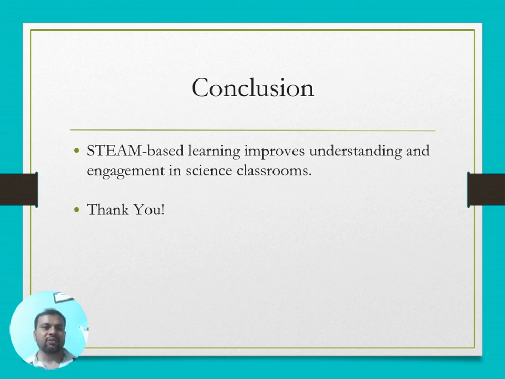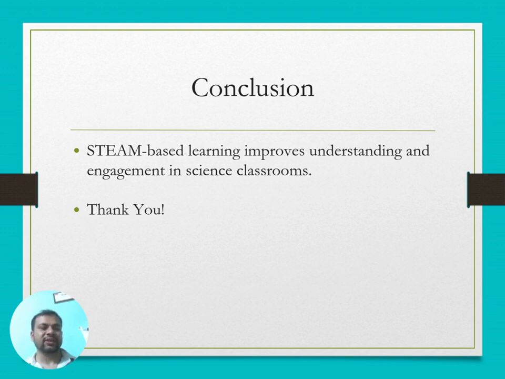Then, conclusion. In conclusion, STEAM based learning helps to improve students' understanding and engagement in the science classroom. Science means inquiry based learning. T means use of local materials or local tools.